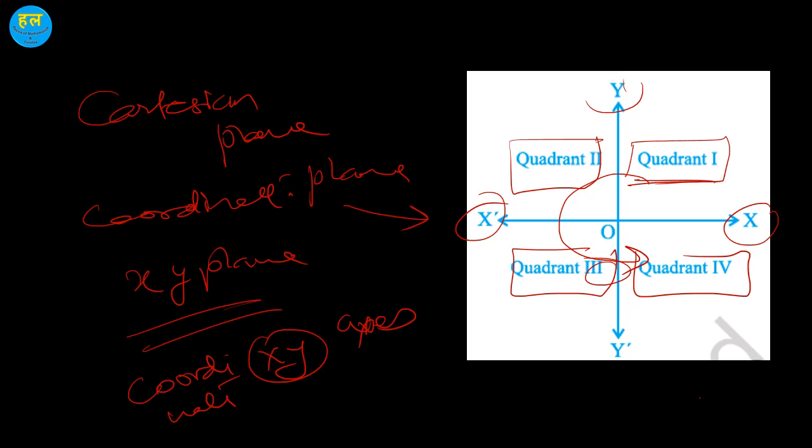Now if we want to locate a point, here we have the origin. Here we have fixed points 1 2 3 4 5, and negative points -1 -2 -3 -4 -5.